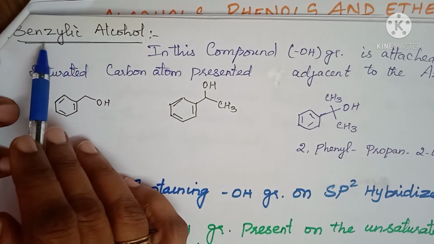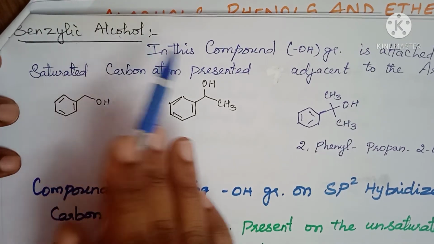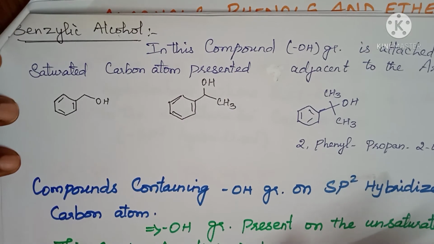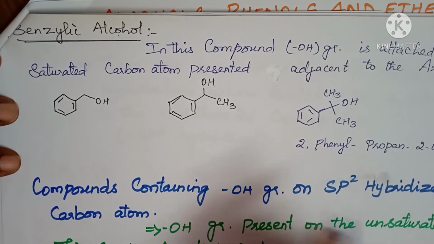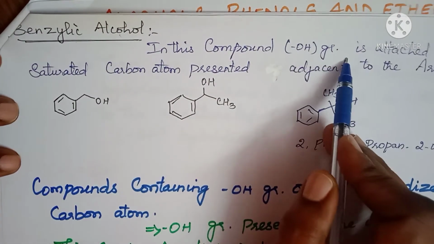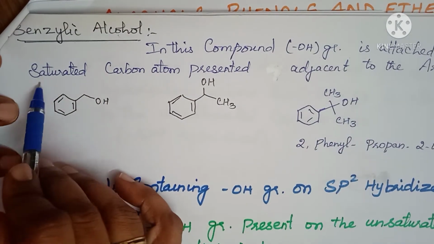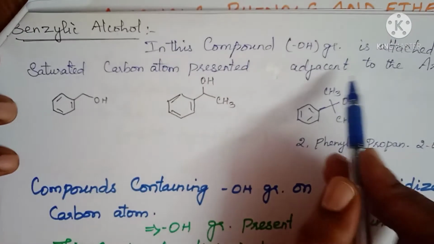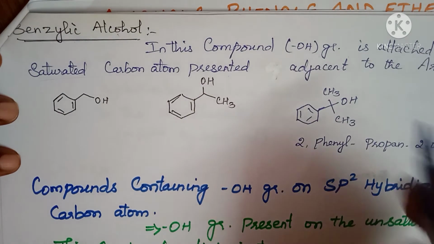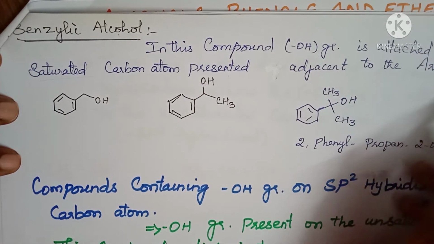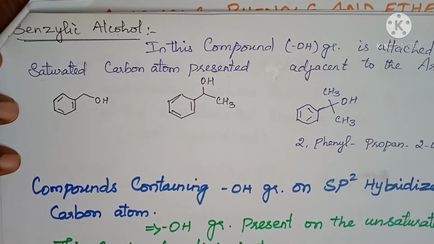The next one, benzylic alcohol. So benzylic alcohol, according to that, is an sp3 hybridized carbon atom. In this compound, the OH group is attached to the saturated carbon atom present adjacent to the aromatic ring. Now here you have seen aliphatic, which is a straight chain, that is alcohol: primary, secondary, tertiary, and then allylic alcohol.